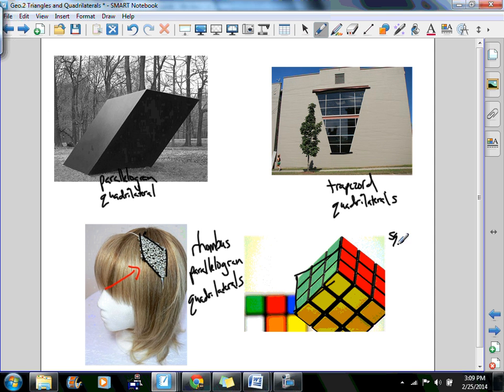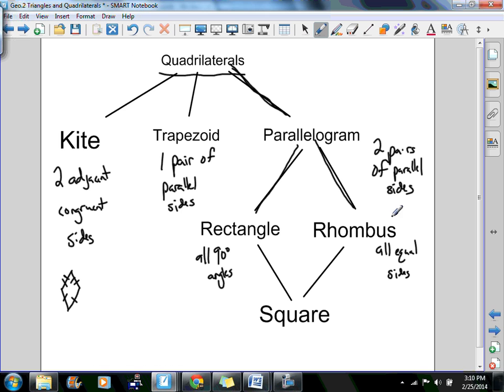And therefore, this is a square. Squares are also rhombuses and parallelograms. But it's also a rectangle, which is also a parallelogram. And finally, all of these things are going to be quadrilaterals. So as long as you use that chart and you work your way up, you should be okay.